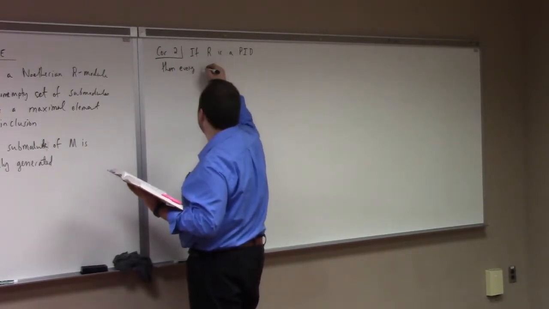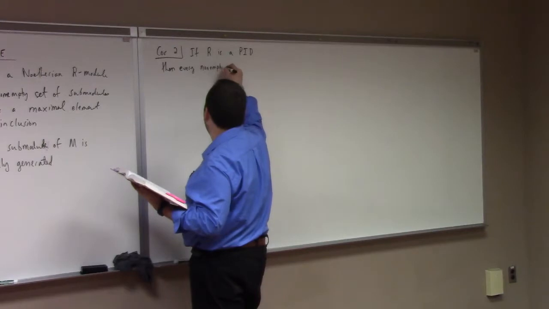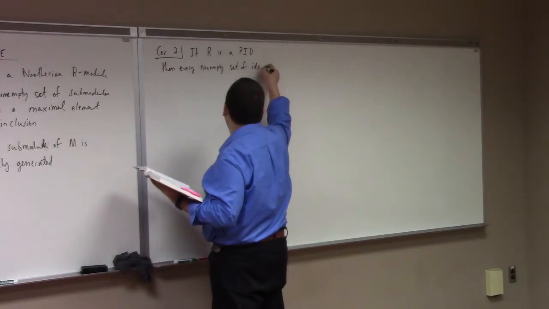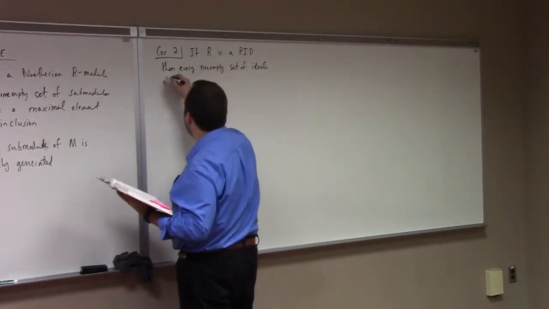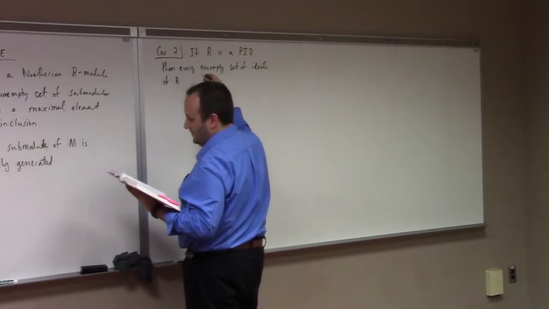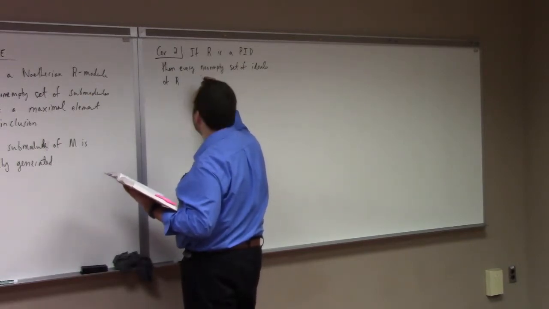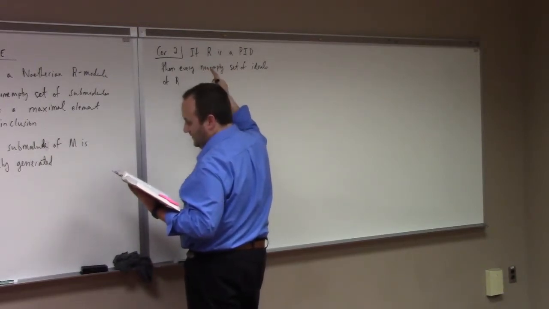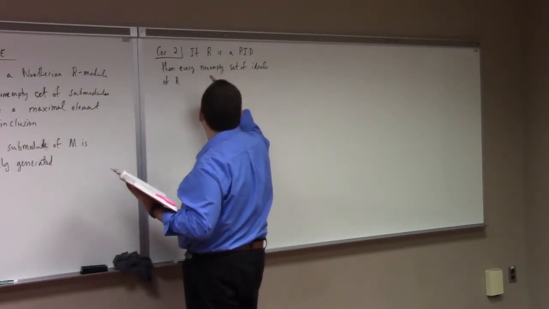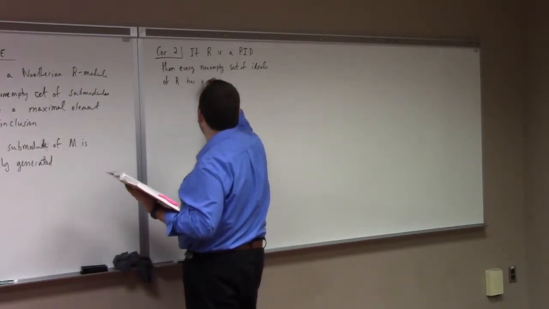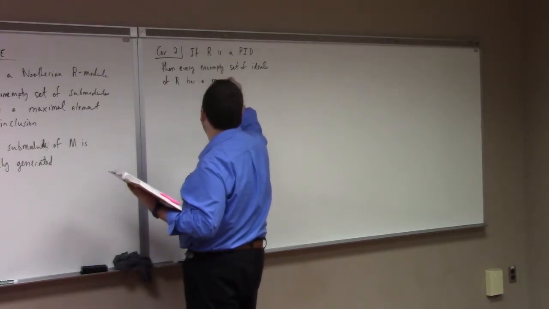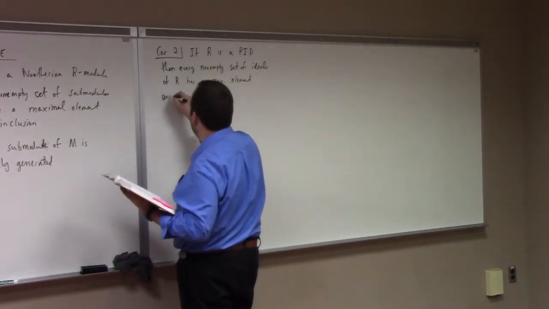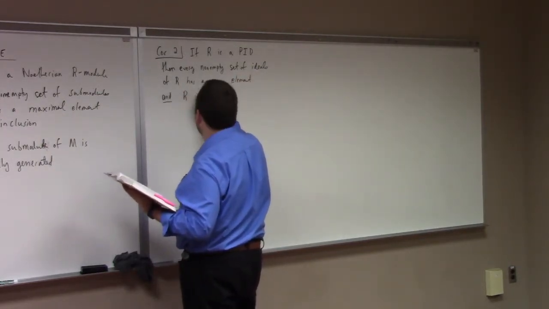Then every non-empty set of ideals of R has a maximal element, and R is a Noetherian ring.